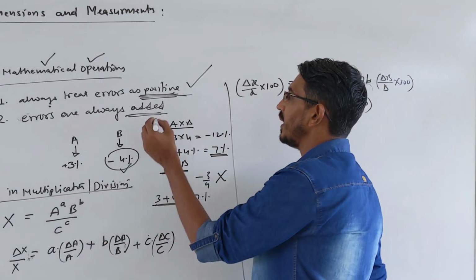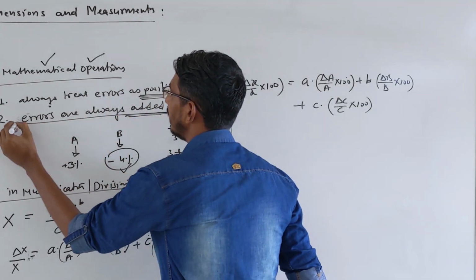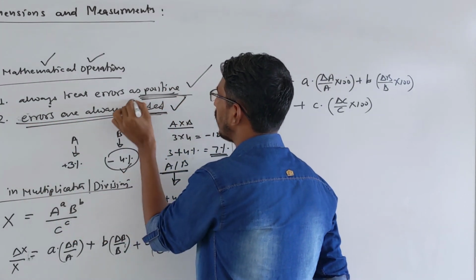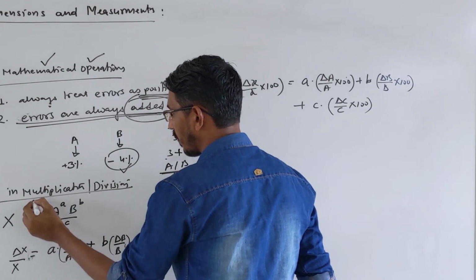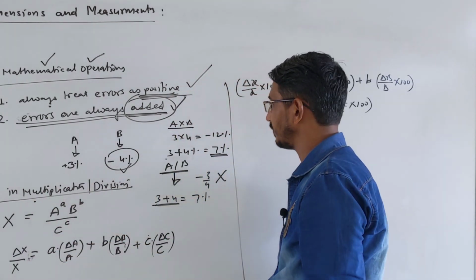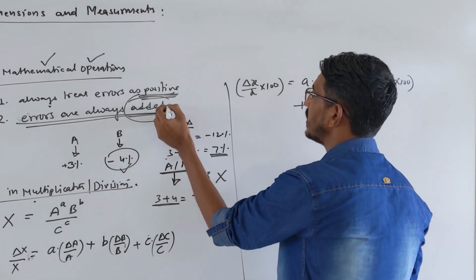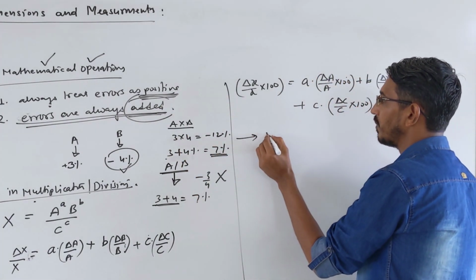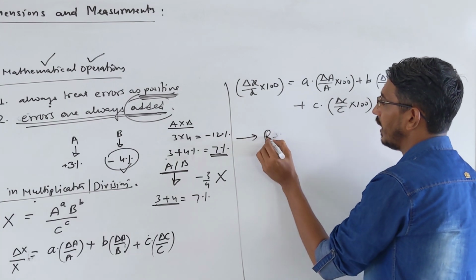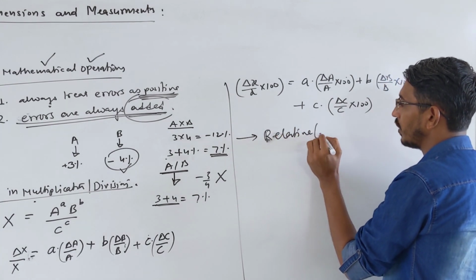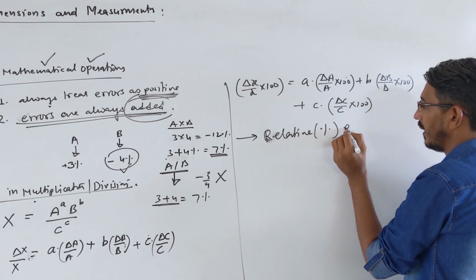Every error is always added only, correct? This adding depends on what operation it is. For this type of operation, the relative error is added. Let me write this point more clearly. In this type we have to add relative errors, or you can call them percentage errors, right?